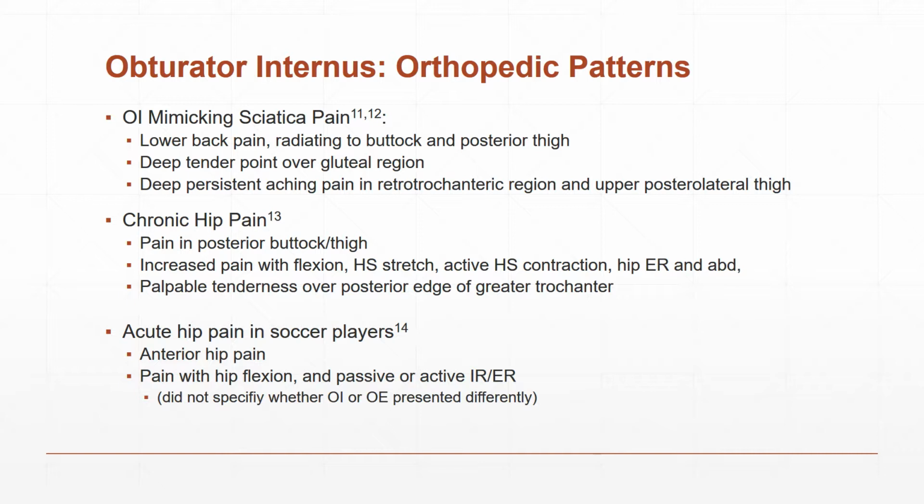And when these patients were treated with antibiotics and the infection went away, the sciatica symptoms also went away. You might also have patients with chronic hip pain that could be anterior or posterior, so you just have to pay attention to the location of pain and the type of the pain and the characteristics that your patient is talking about when you're doing your exam.